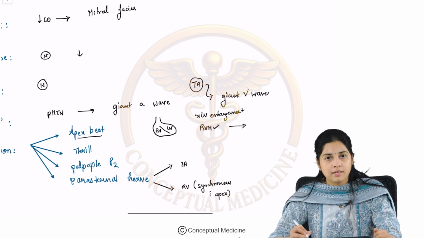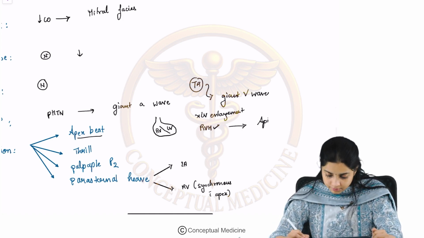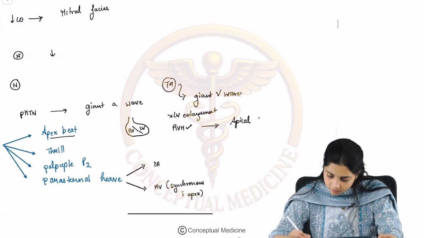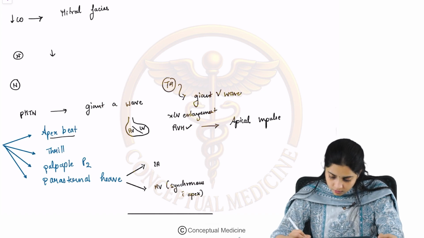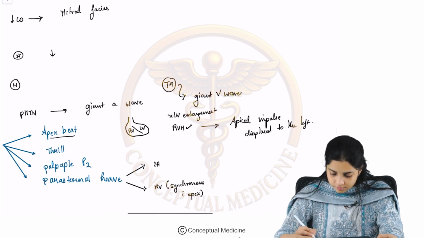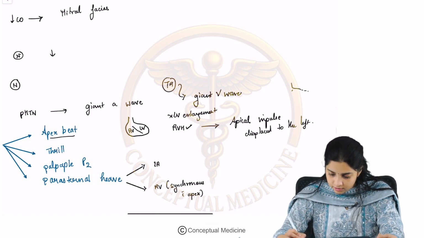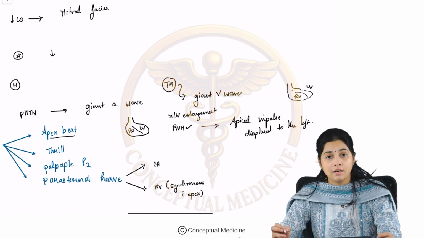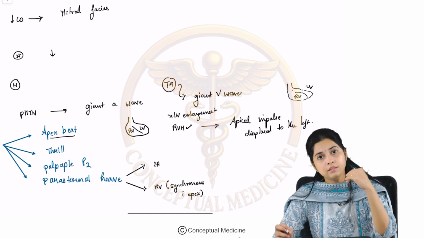In right ventricular hypertrophy, the apical impulse will be shifted to the left, or the apical impulse will be displaced to the left, because the enlarging RV pushes the apex to the left side, right?